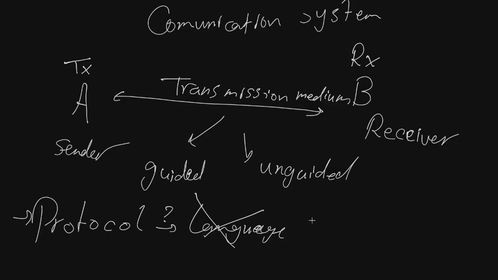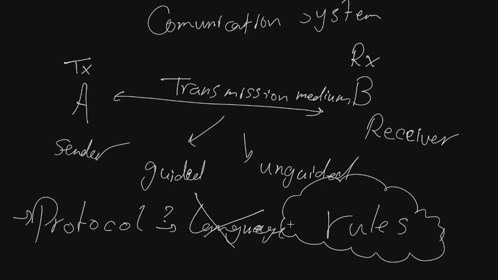What is a protocol? A protocol is a set of rules. That's what defines a protocol. It is a set of rules that says for device A and device B how they should interact with each other, how they should greet.